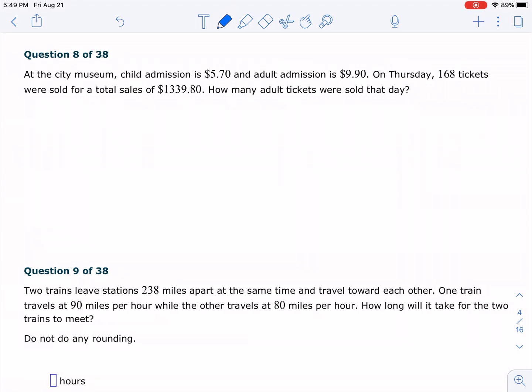So they're asking you how many adult tickets. So let's call that x. That's going to be our variable. X is going to be the number of adult tickets.